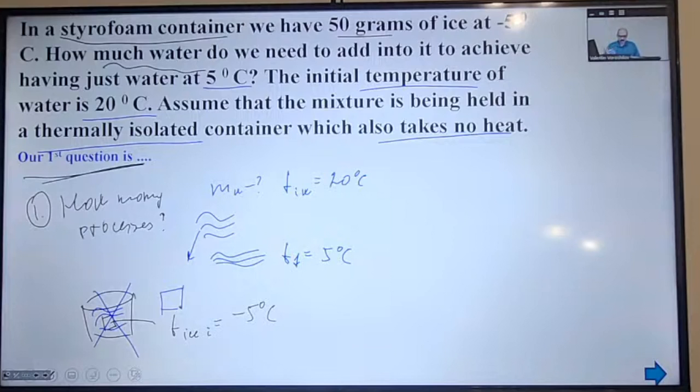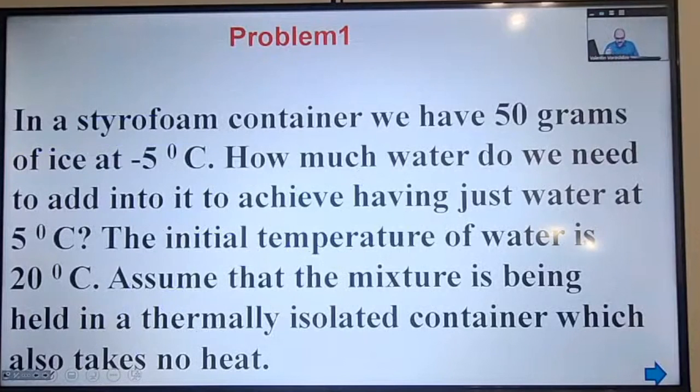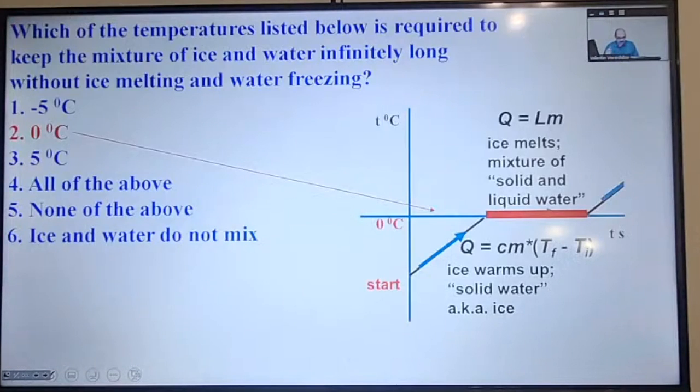We only have ice, which is solid. But if we give it an opportunity to absorb some heat, what's going to happen to it? Melt? No. What we know from a previous slide like this one: there is no water below 0 degrees Celsius.